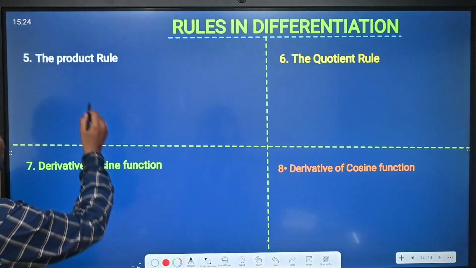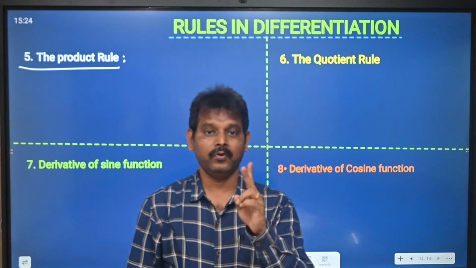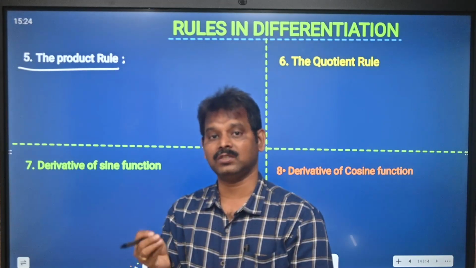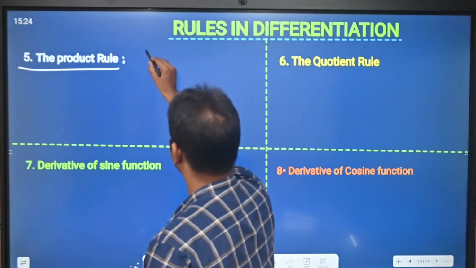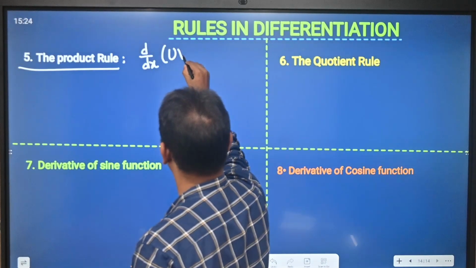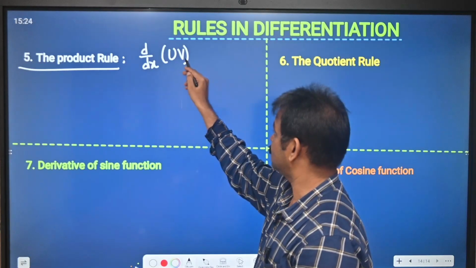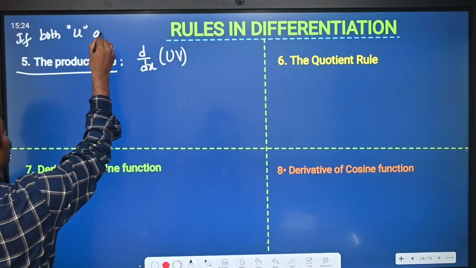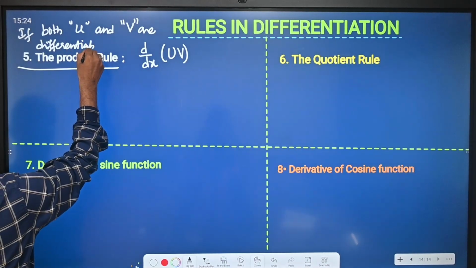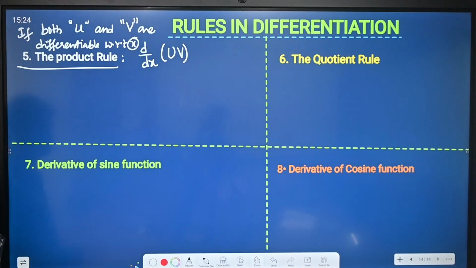The product rule. Students, if you take two functions which are differentiable with respect to x, then d by dx of uv, where u is differentiable with respect to x and v is also differentiable with respect to x.